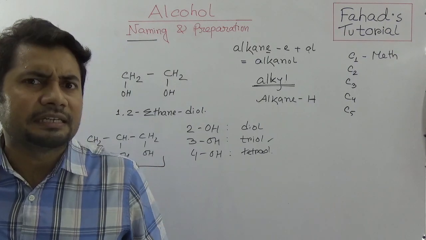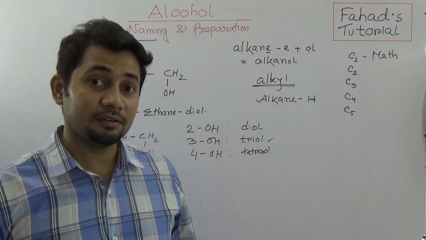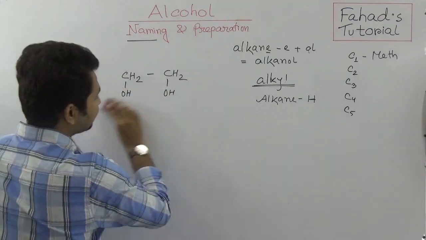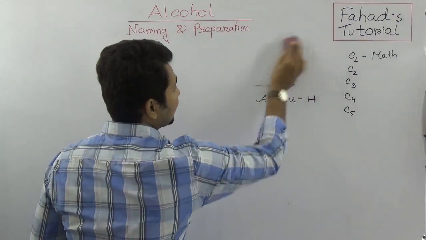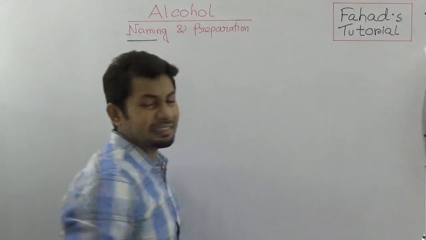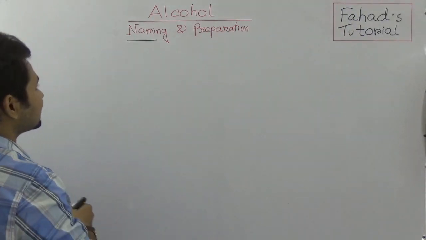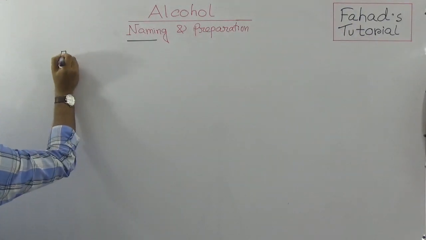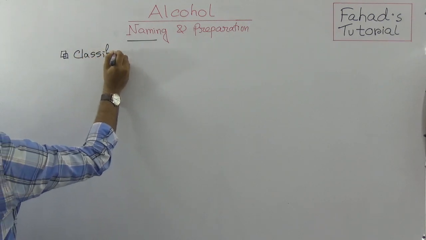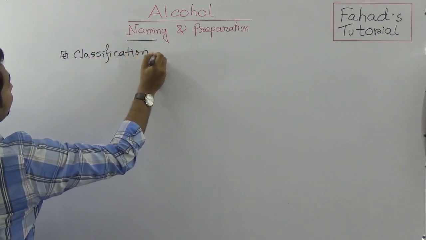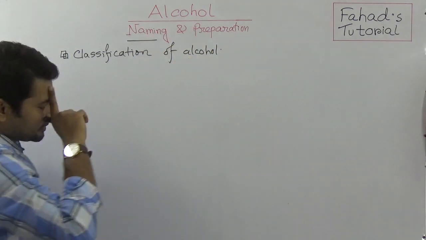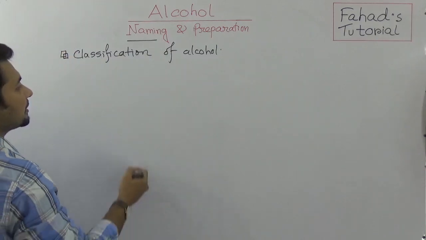So now let's study a little bit about alcohol types and classification, based on the hydroxyl group. I hope you know methane, ethane, propane, butane. So now you can think about the classification of alcohol. What is the classification? 2 types, very simple.